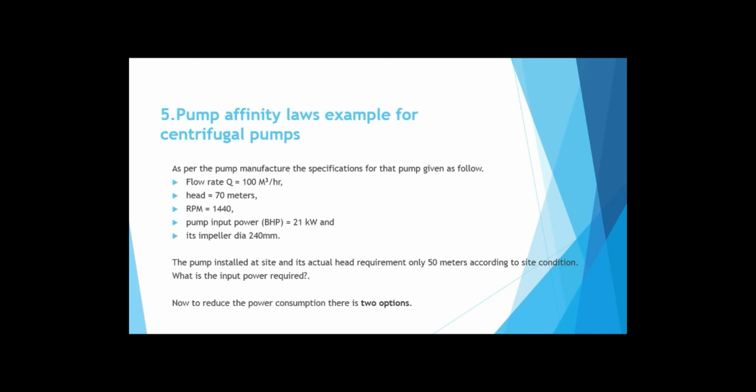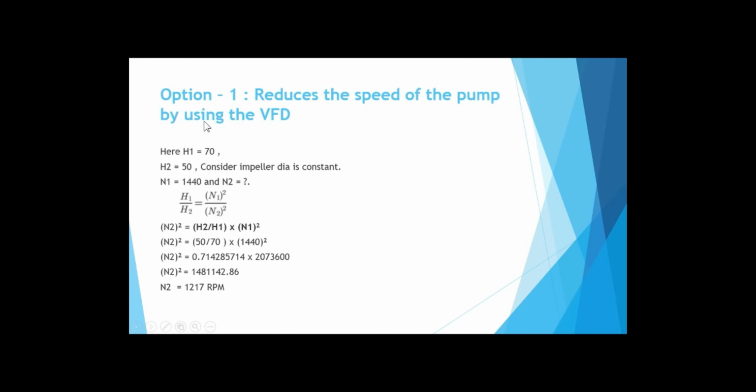So during that time, what is the power consumption? Let's see. To find the power consumption, there are two options. Option 1 is to reduce the speed of the pump by using the VFD.